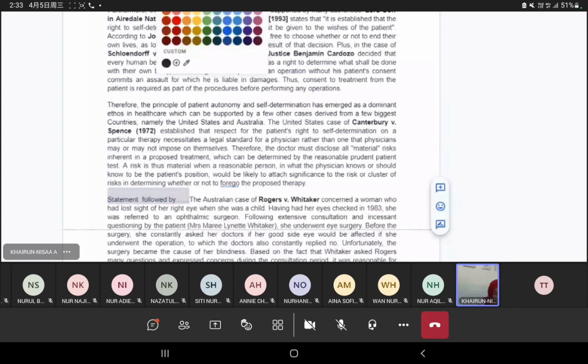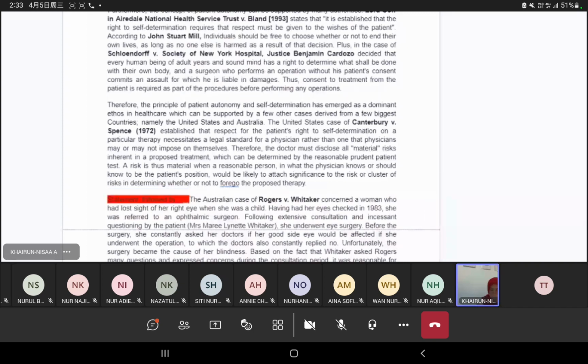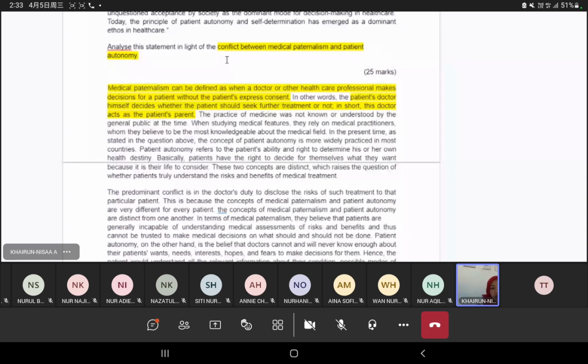What is it that you are trying to say here? Perhaps you wanted to say that the trend in the decisions of the courts has changed from supporting medical paternalism towards more and more support for patients' autonomy.